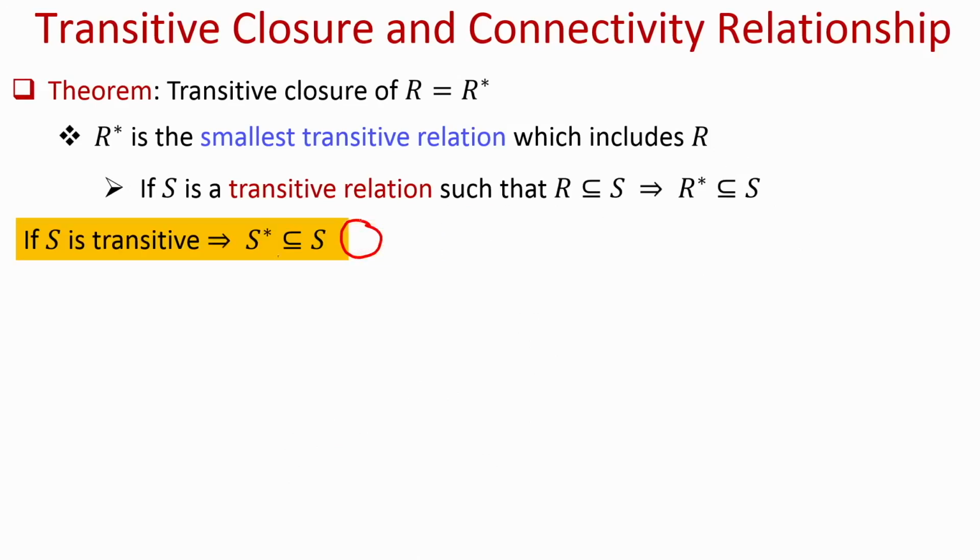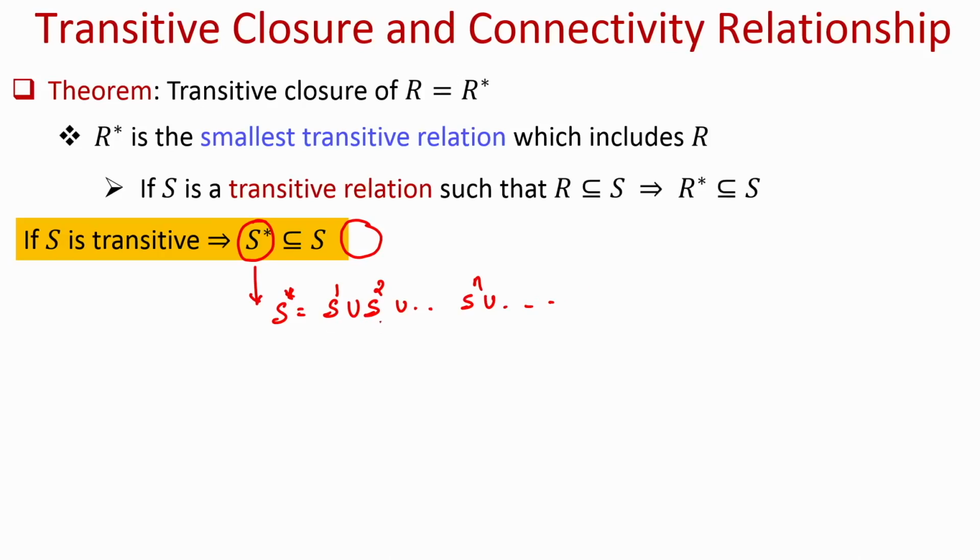Now, I apply the definition of S star. S star is going to be S power 1 union S power 2 union S power n union higher powers of anything.